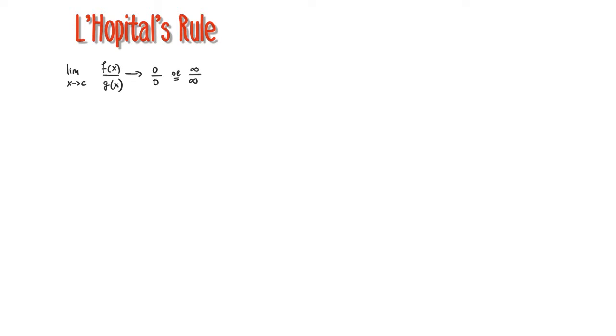In chapter 2, whenever we had limits tending to one of these indeterminate forms, we couldn't conclude anything about the limits. We didn't know whether the limit was going to exist or not. In fact, what we had to do was engage in some sort of algebraic manipulation, hoping to cancel factors out.